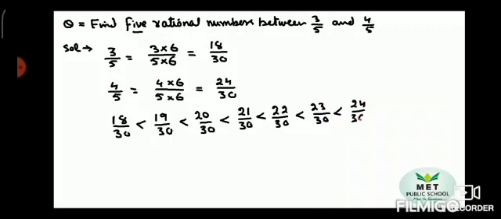Here 18 by 30 represents 3 by 5, the first term, and 24 by 30 represents 4 by 5, the last term.